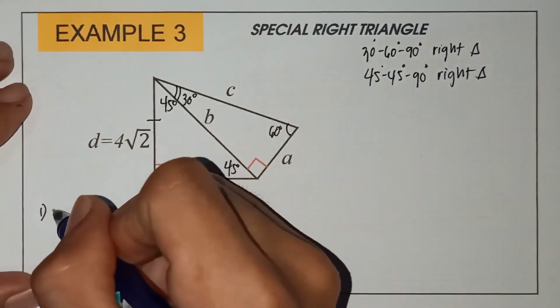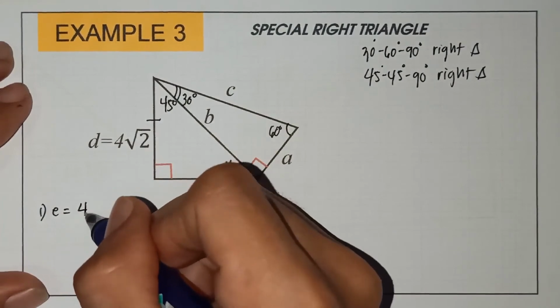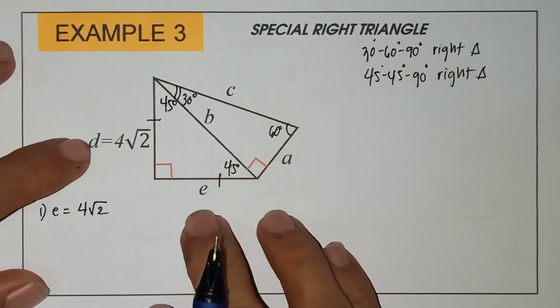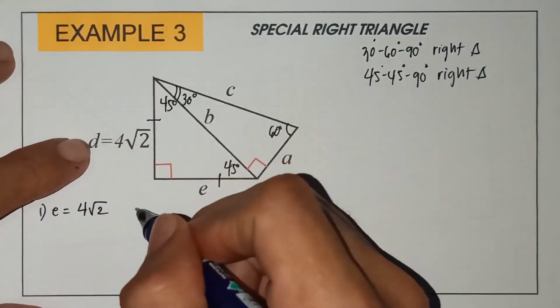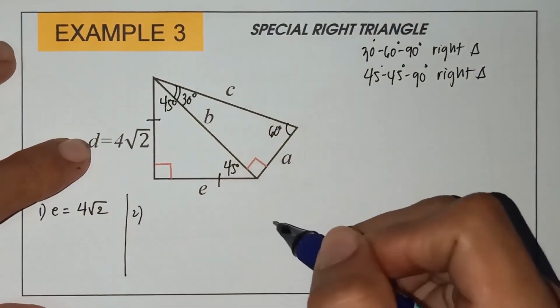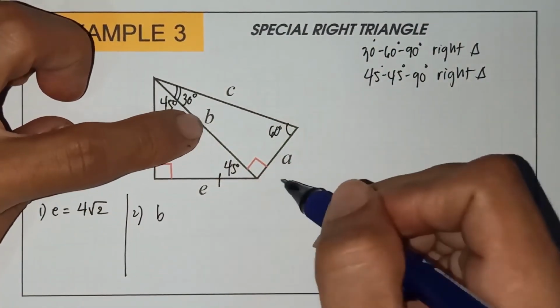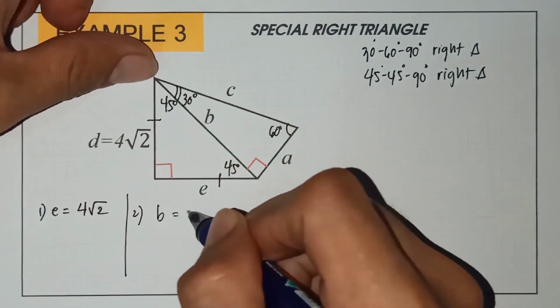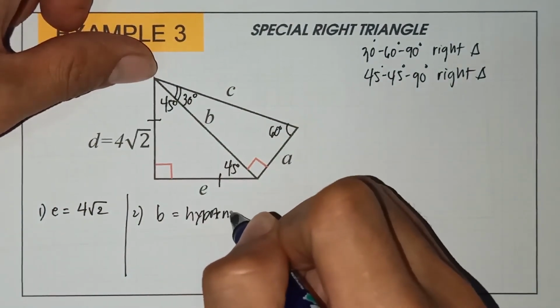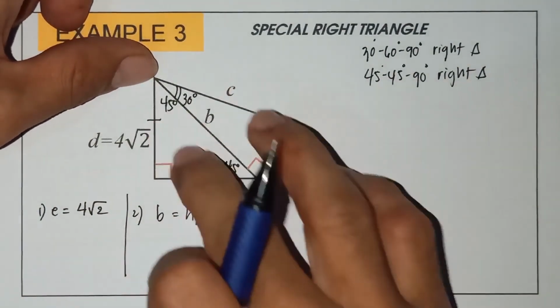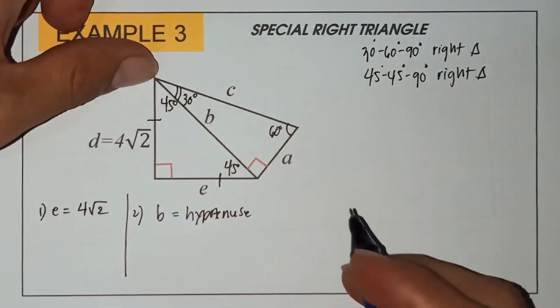So E is now equal to 4 square root of 2 because the two are similar or equal. To find B, and B here is the hypotenuse under the 45, 45, 90 right triangle.